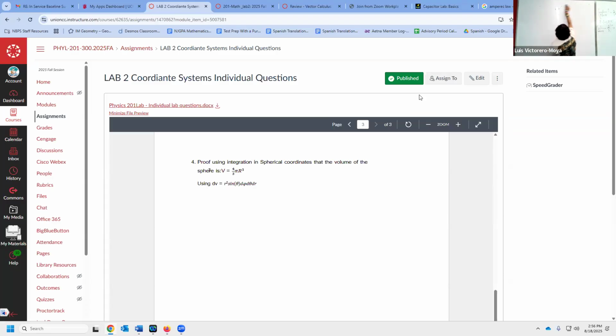You can do it in spherical coordinates, because you have r, theta, phi. So you're going to integrate dV in spherical coordinates. And you're going to find that r is the main one.